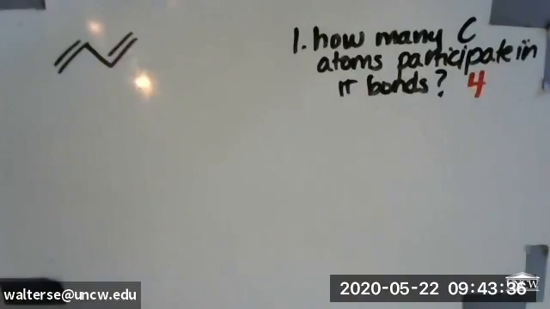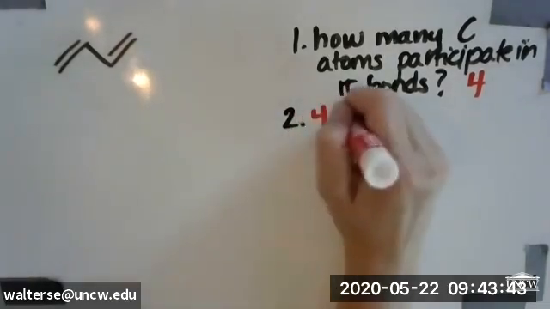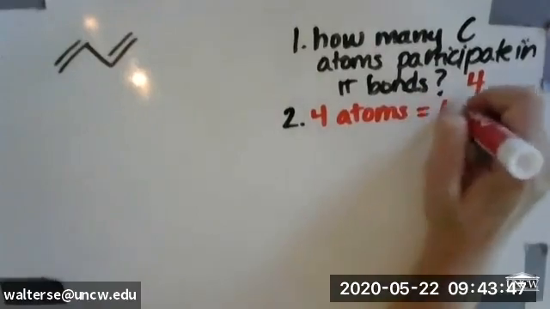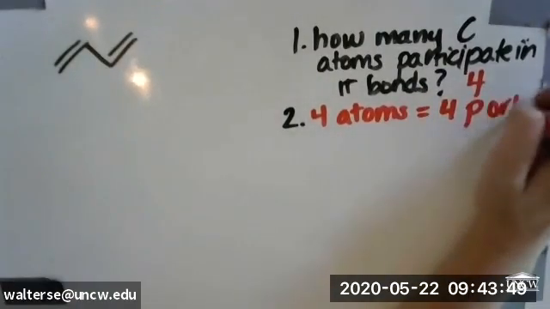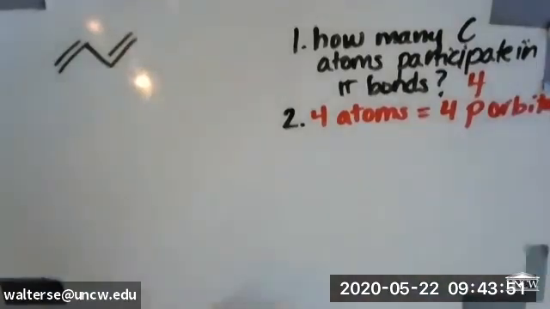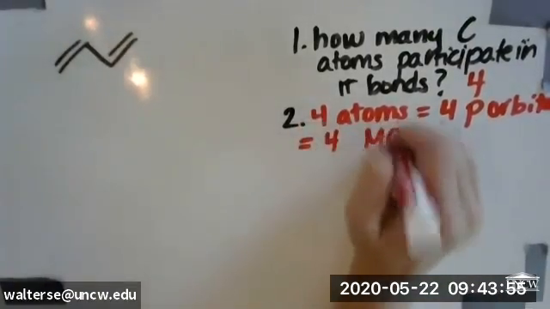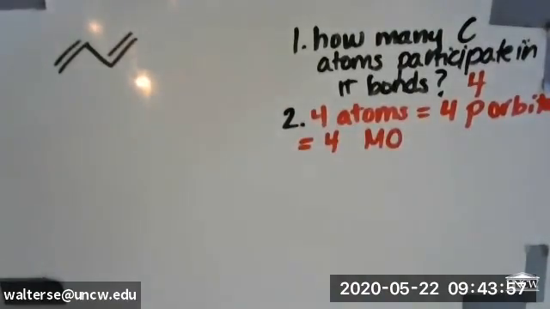To draw your molecular orbital diagrams, what you're going to say is 4 atoms is going to require 4 p orbitals, and that's going to make 4 molecular orbitals. So it's another example of having a magic number.